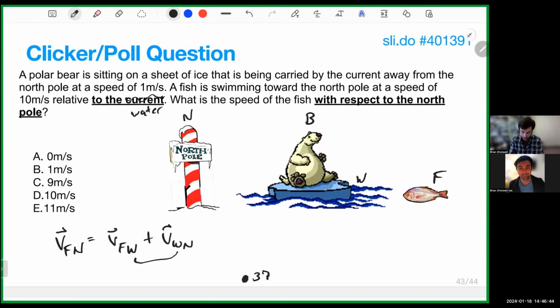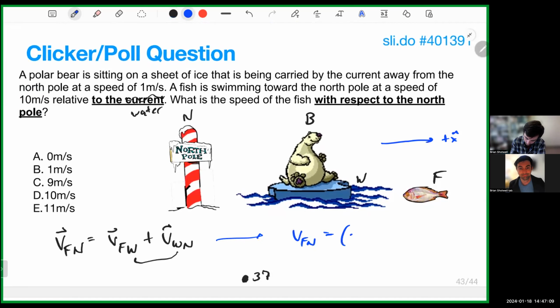Okay, so I'm gonna go ahead and write this without the vector signs. So the fish relative to the water is going in the negative x direction. So this is the positive direction. The velocity of the fish relative to the water is, looks like negative 10. Right? The fish is swimming at speed 10 in the negative direction.